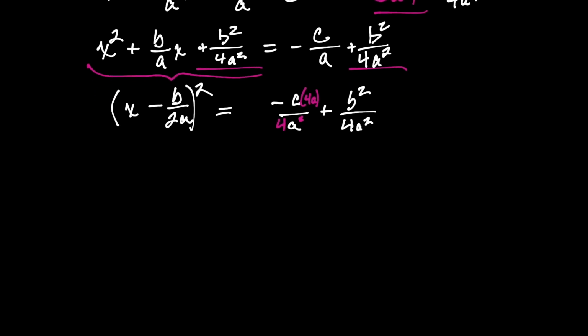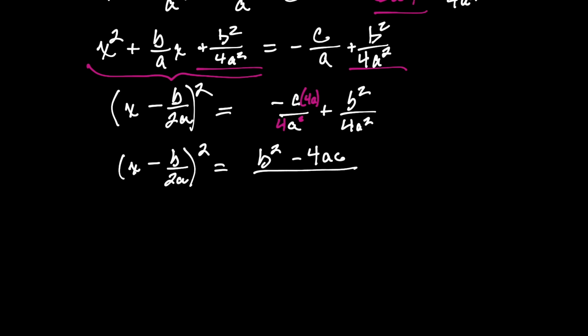So I will leave this in squared form for a second while I simplify the right-hand side. So I would have b squared minus 4ac all over 4a squared. So that should look kind of familiar, at least the top part of it up here, right? b squared minus 4ac ends up becoming our determinant.